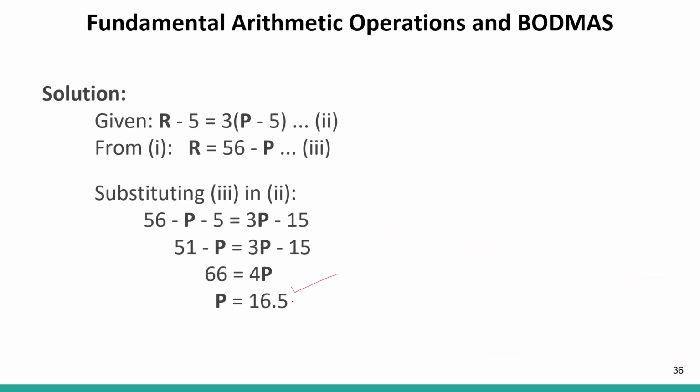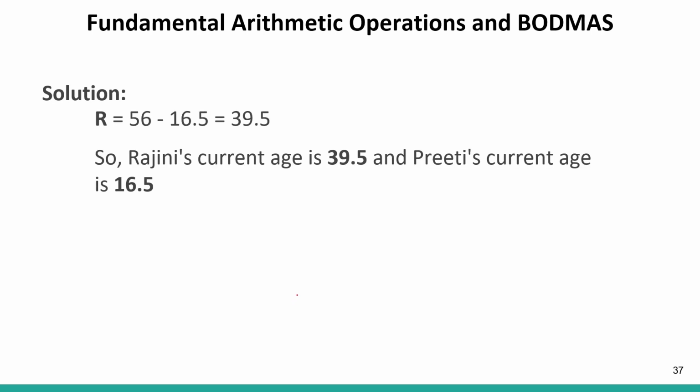So if Preeti's current age is 16.5, what is Rajani's current age? So X minus 5 is equal to 3 into Y minus 5, so X minus 5 is equal to 3 into 16.5.